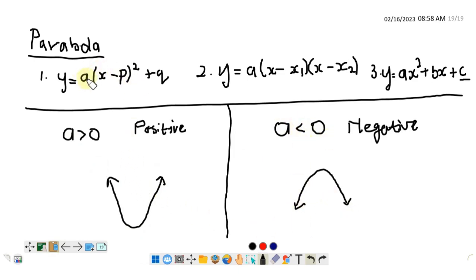If the graph is looking up, but when you solve you find that a is negative, then you know you made a mistake somewhere because those two do not correspond. So if they give you a graph looking up and ask you to find the equation, you should automatically know that a is going to be positive.